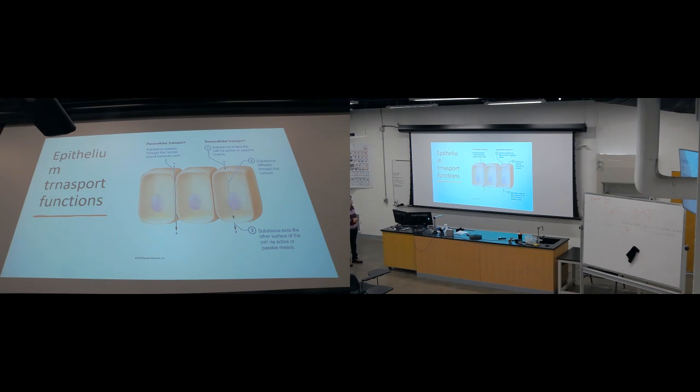Any molecule that passes in between the cells is called a paracellular molecule. Well, when it goes in this direction, from the apical membrane to the cytoplasm to the basement membrane, that will be transcellular, through.